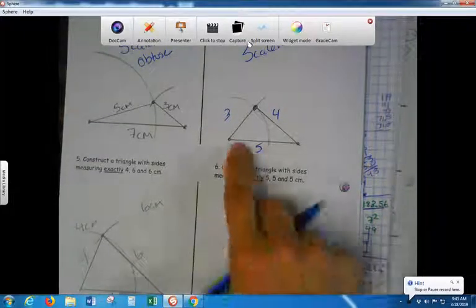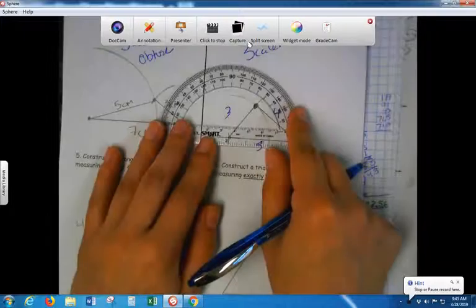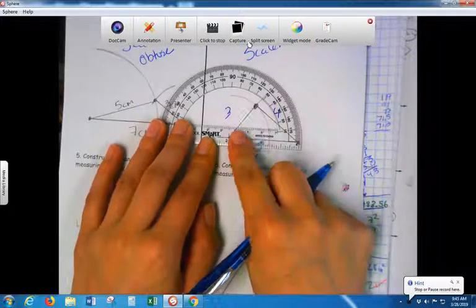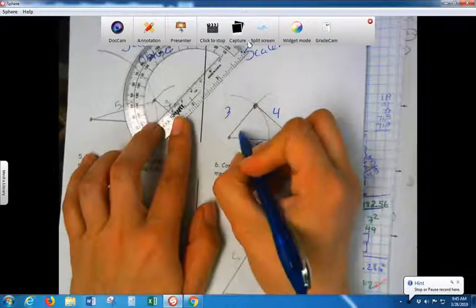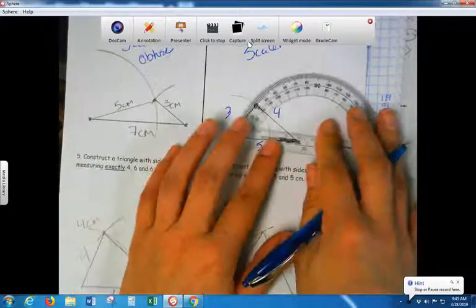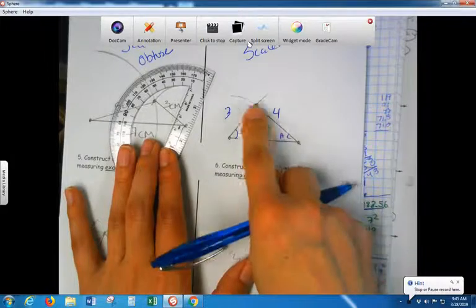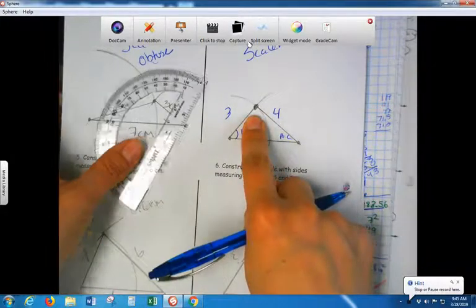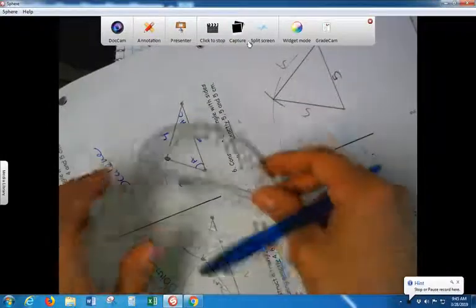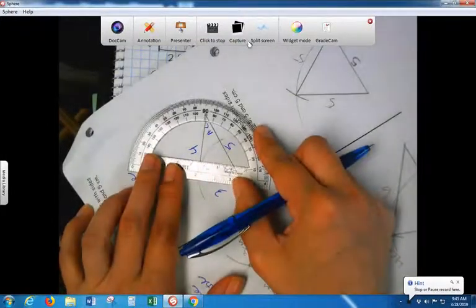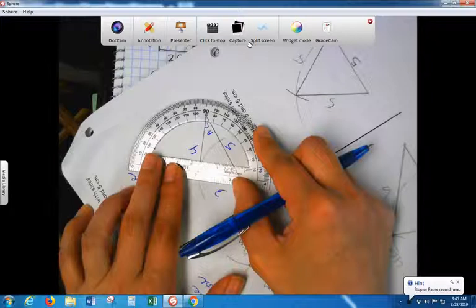Like this one, I know it looks less than 90, right? This one's less than 90. Acute. What about this one? Less than 90. Acute. That one. Let's check. It's a right.